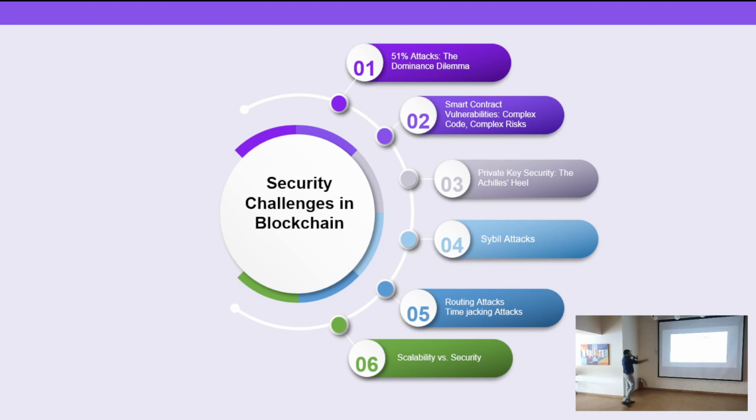And you have the routing attacks and the time jacking attacks. The routing attack is all about trying to make sure that a certain group of participants in the mining process do not participate in the network. It is an ISP-level attack where you try to attack the ISP to bring down the uptime of the network.